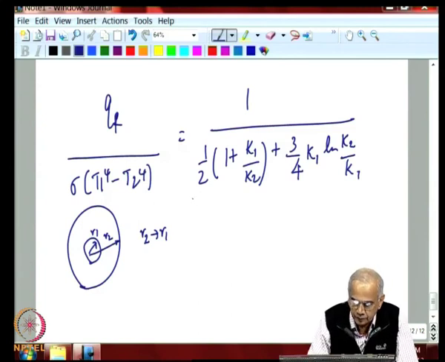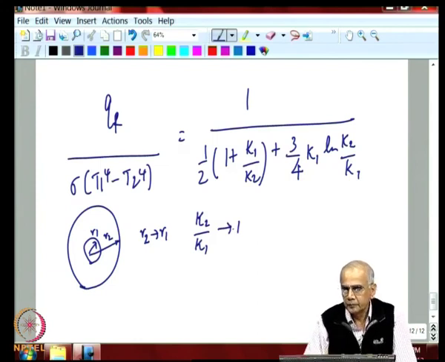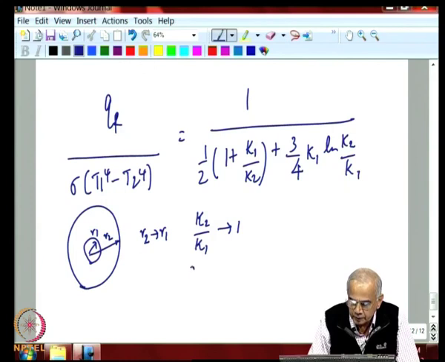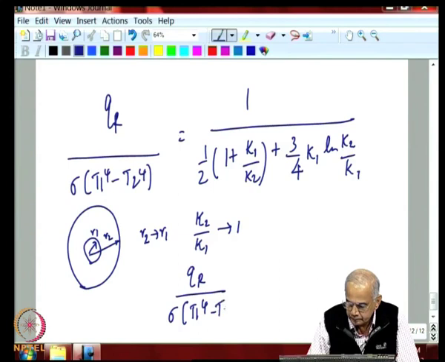So, that means kappa 2 by kappa 1 approaches 1. So, when you invoke that approximation there, this equation now becomes close to 1.